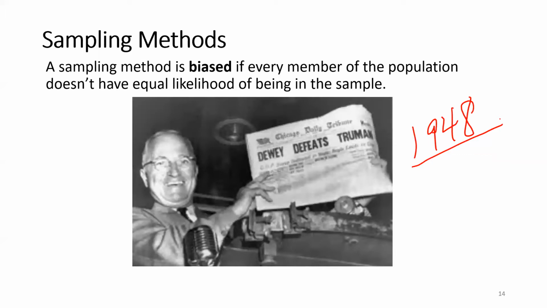And of course, Harry Truman's picking up the newspaper after he won by a good margin, and very happy that he did. And why did the newspaper poll mess up? It's because it was a biased poll. A lot of voters had no phones, and this poll was done strictly by telephone. So they didn't talk to a lot of people that may have been in rural areas that had no phones at the time. So you need to be real careful in choosing your sampling method.